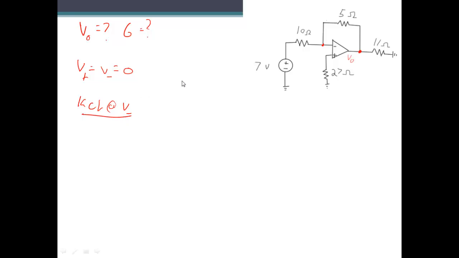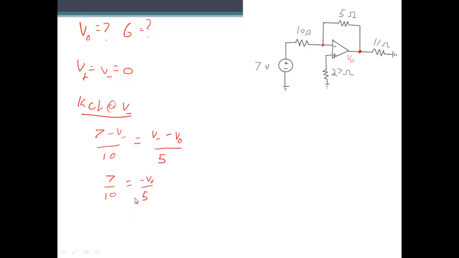The current going into this node from the left-hand side is the voltage here, which is 7 volts, minus the voltage at V minus, 7 minus V minus, over the resistance, which is 10. The current coming out of this node is V minus minus V out, over the resistance, which is 5. Since we just said that V minus was 0, this simplifies to 7 over 10, which equals minus V out over 5.